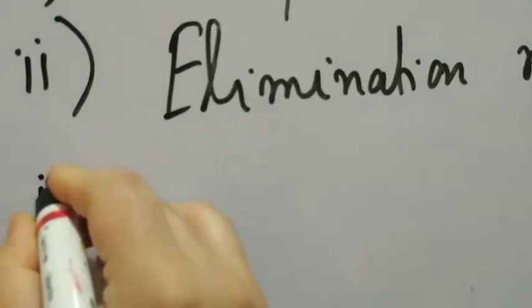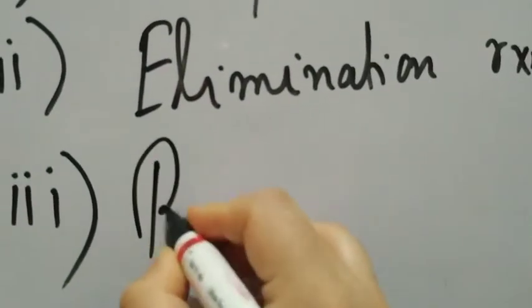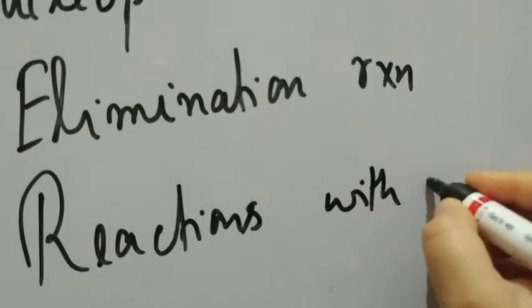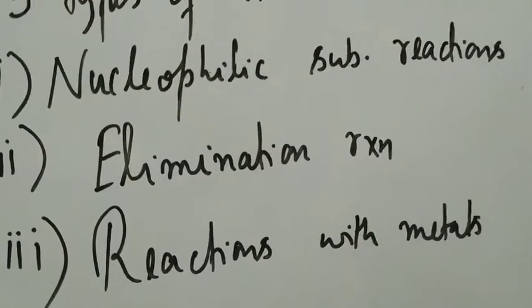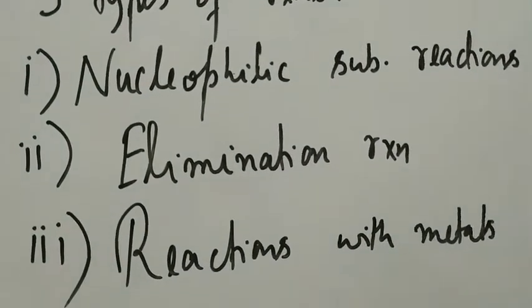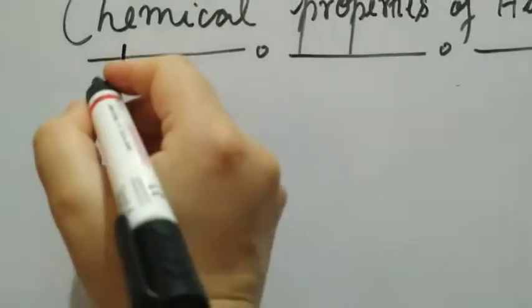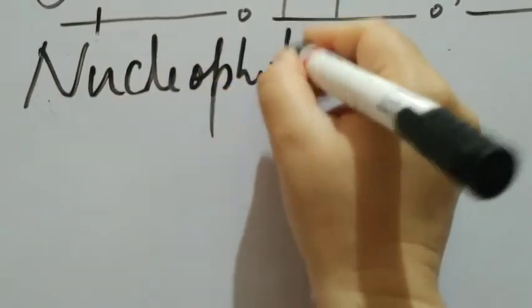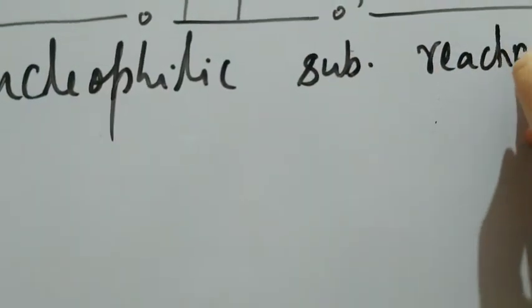And the third type of reactions which these haloalkanes show are reactions with metals. These are the three main kinds of reactions shown by haloalkanes. In your syllabus there is only nucleophilic substitution. In detail, we'll be studying only the first type, the nucleophilic substitution reactions of haloalkanes.